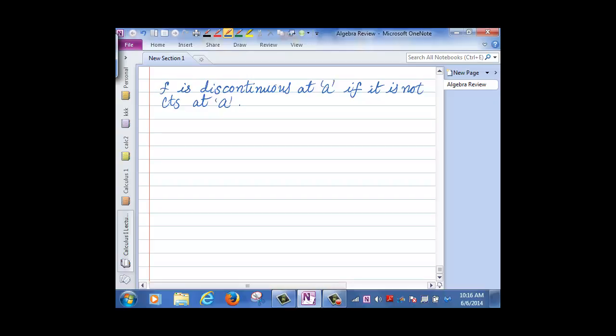I'm going to write CTS for continuous, okay? And for discontinuous, I'm going to write DIS CTS, okay?